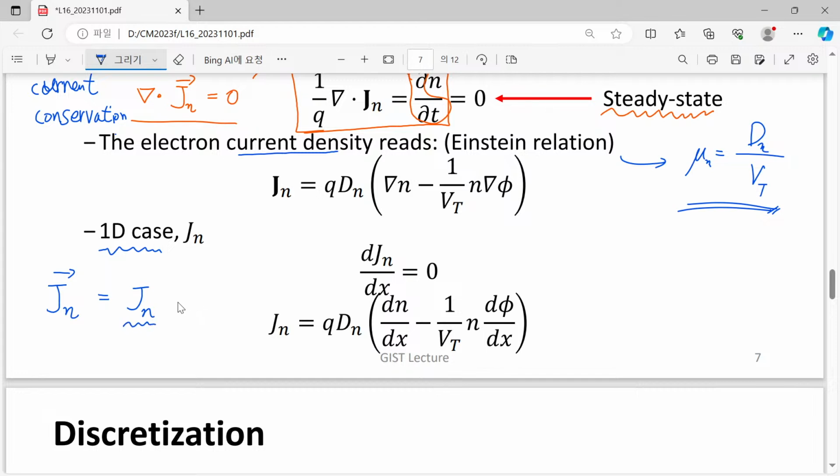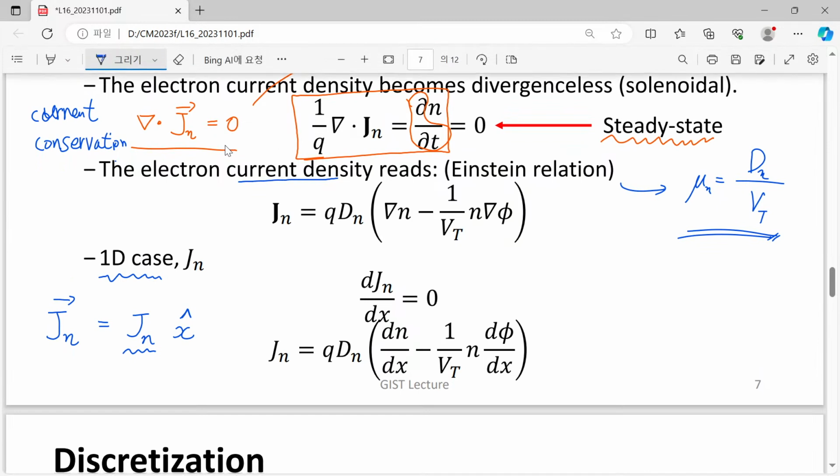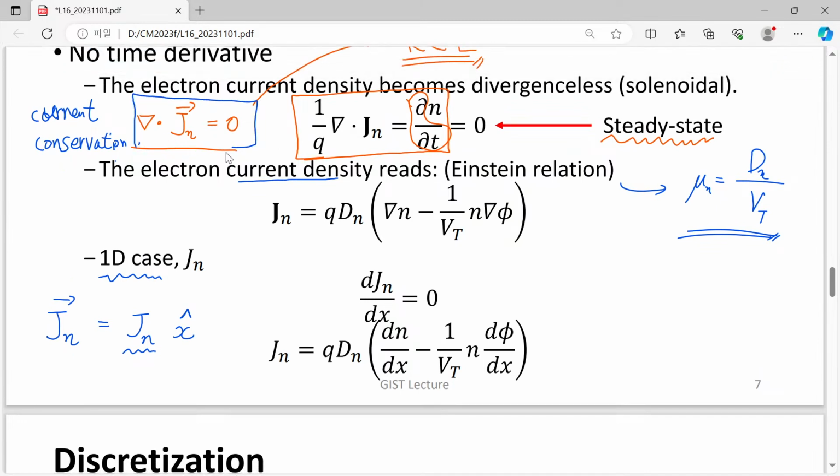So for a certain direction, let's just call it the x direction. Then we can write it down in this way. If we adopt this one-dimensional approximation, then this current conservation rule just becomes this one-dimensional derivative with respect to x of our J sub n. So are you with me?